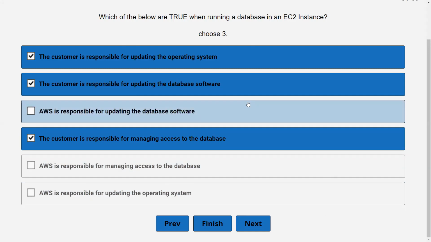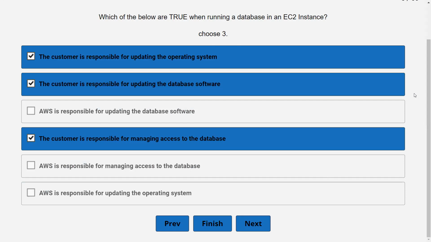All right. So yes, we are looking at the customer's responsibility as far as running the database on an EC2 instance is concerned. This time you are not using a managed database service. You have put your database server on the EC2 instance, or the EC2 instance is hosting your database server.